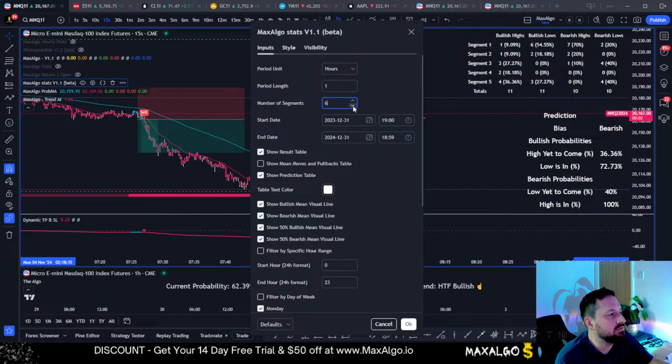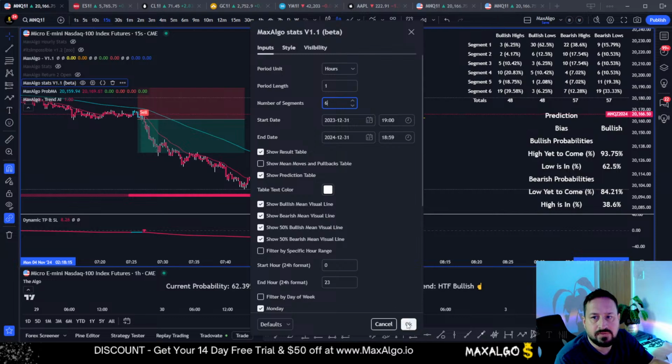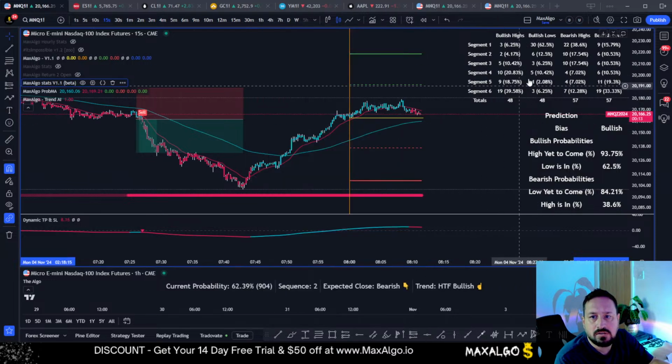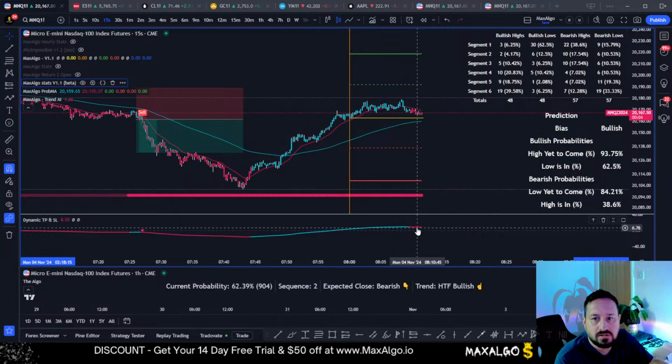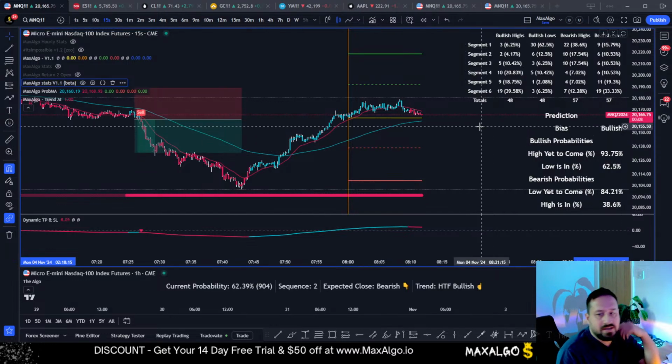We'll go into 6 segments just for now, just so that we're matching on this. So obviously if we take this low, what we're looking for is to confirm our bearish direction with everything else.